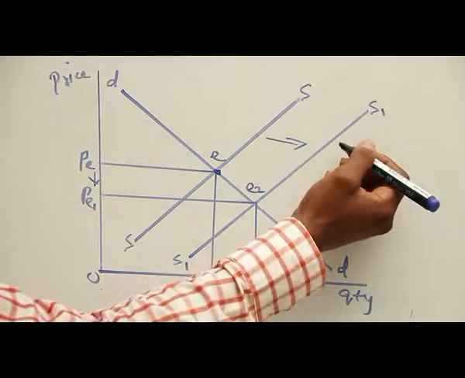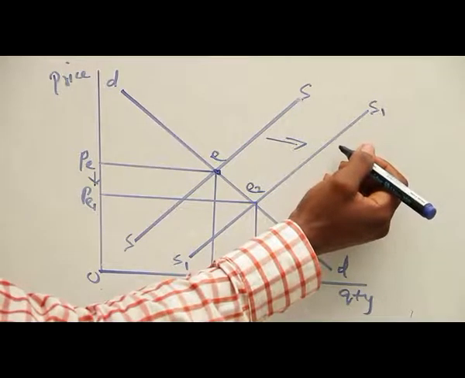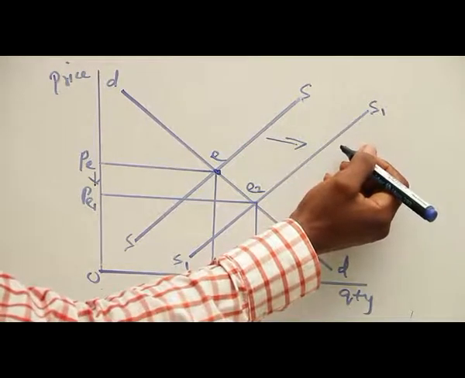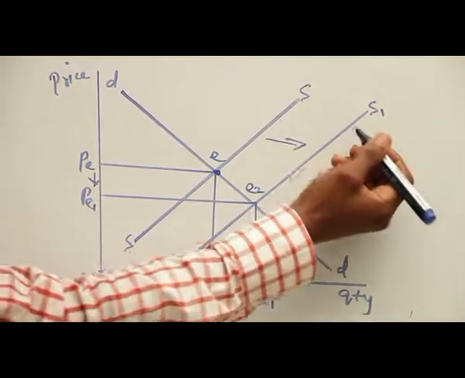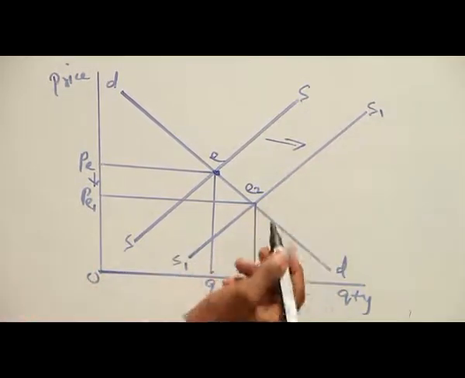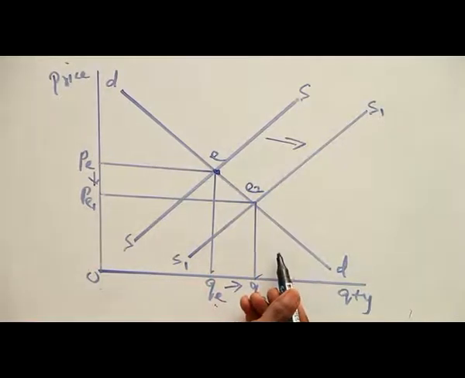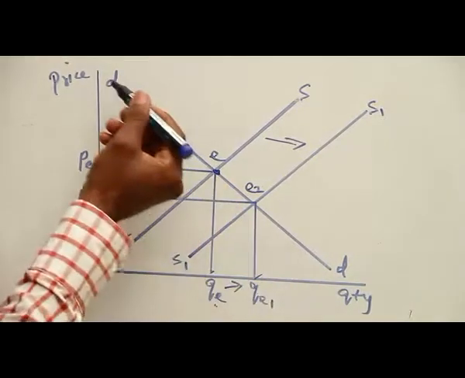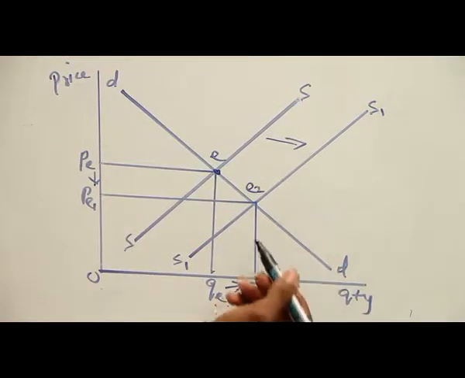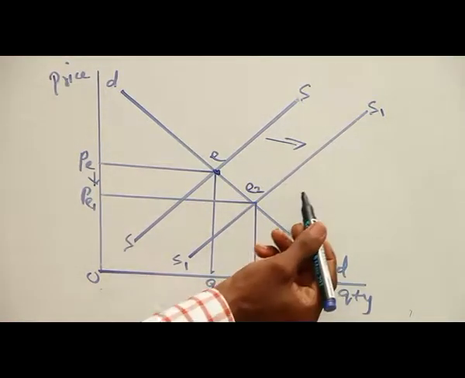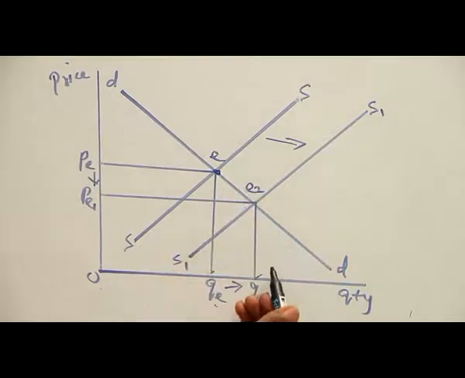S1. This shift is what we call increase in supply. That is, the supply curve shifts to the right. And when the supply curve shifts to the right, it implies that there will be an increase in supply because demand is constant here. So supply will be greater than demand. And whenever supply is greater than demand, something will happen to price and quantity.